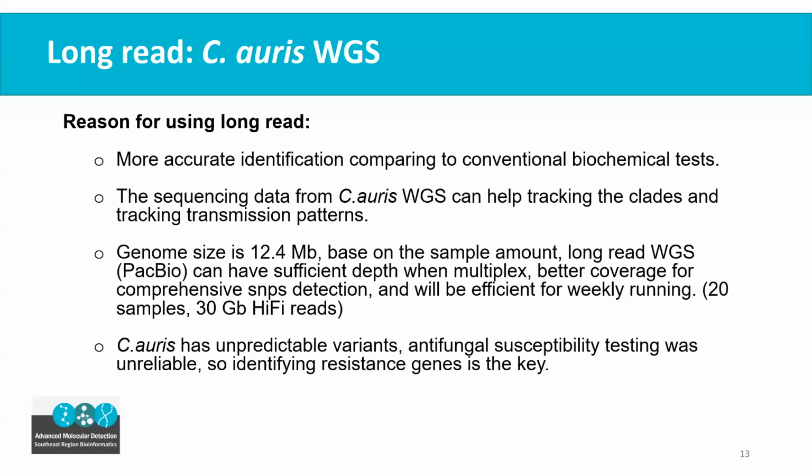Multiplexing samples provides sufficient sequencing depth for comprehensive SNP detection and improved genome coverage. This approach enables efficient weekly surveillance runs for outbreak monitoring, which is 20 samples per week. Since we need to study and predict the variants, PacBio has the ability to produce fewer systematic errors and more complete assemblies. It's better for identifying gene locations and complex variants.